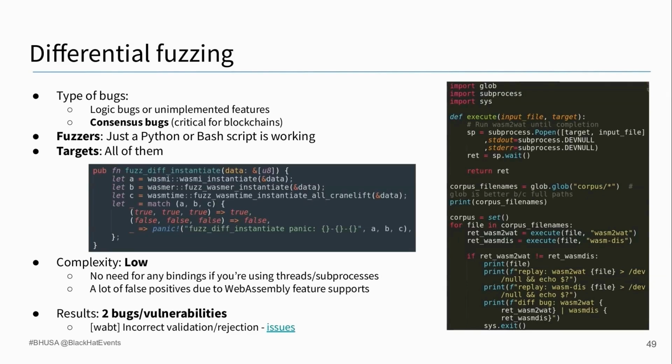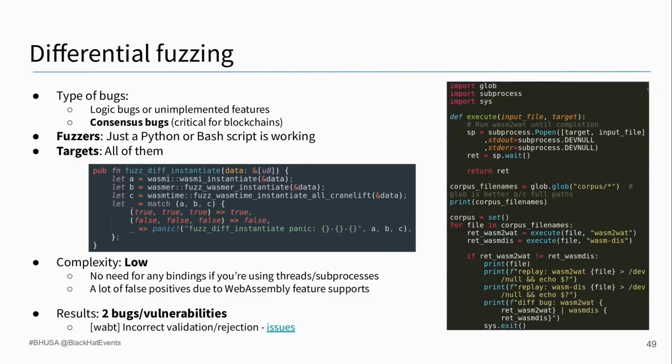It was not that complicated, but again, it requires a lot of manual analysis to determine whether you have a vulnerability. I found 2 bugs in WebIT, one of the most used libraries written in C, and in that case, it was incorrect validation or rejection of WebAssembly modules.